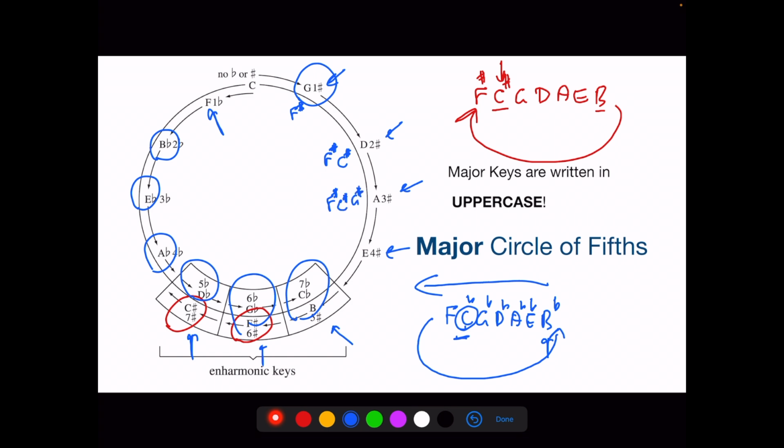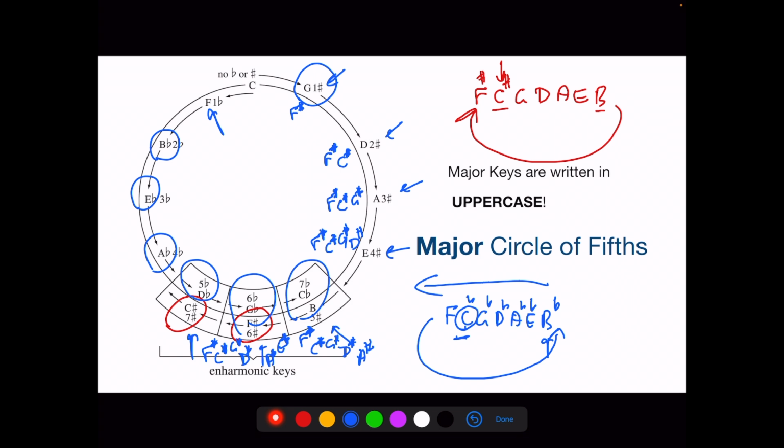E major, fat cats go down. B major, again, fat cats go down. And F sharp major, 6 sharps, fat cats go down and eat.